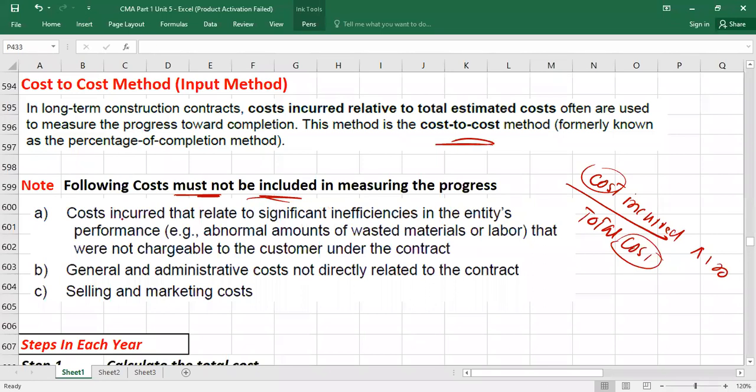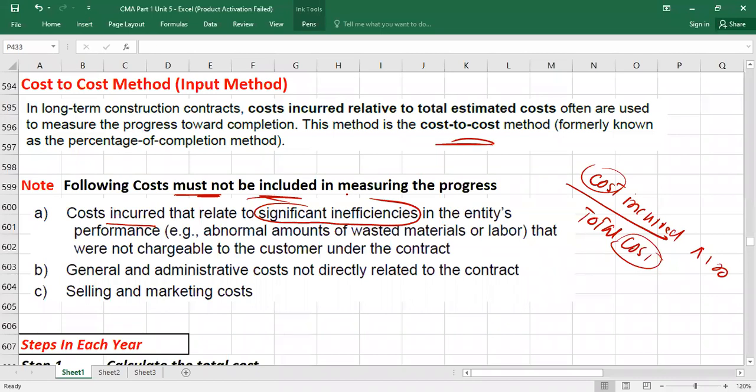Which costs? There are 3 I'm going to tell you. Number 1, the cost incurred that relates to significant inefficiency. What is significant inefficiency? It means wastage, abnormal wastage. For example, maybe I was constructing a project and I have completed half of the bridge, but suddenly this bridge is demolished due to some reason.